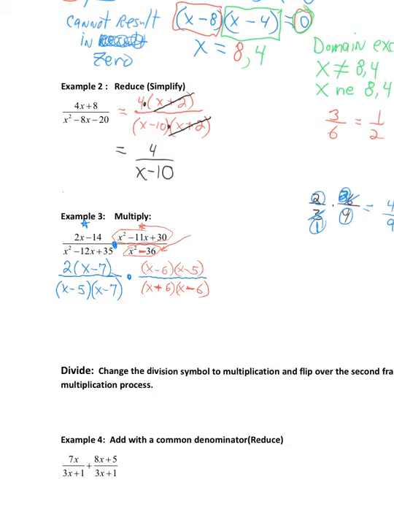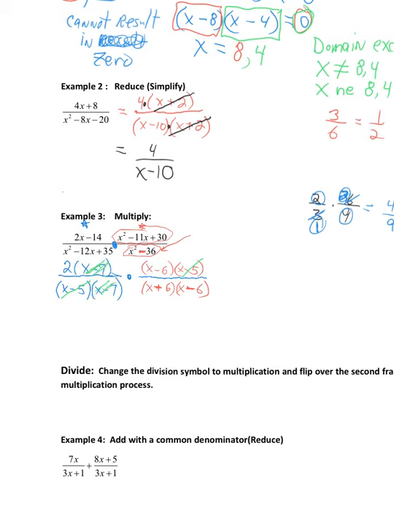And now we cross-reduce or cancel up and down as well. So I'm going to cross-reduce with the green marker, x minus 5 there and x minus 5 there. I'm going to up and down reduce x minus 7, x minus 7.